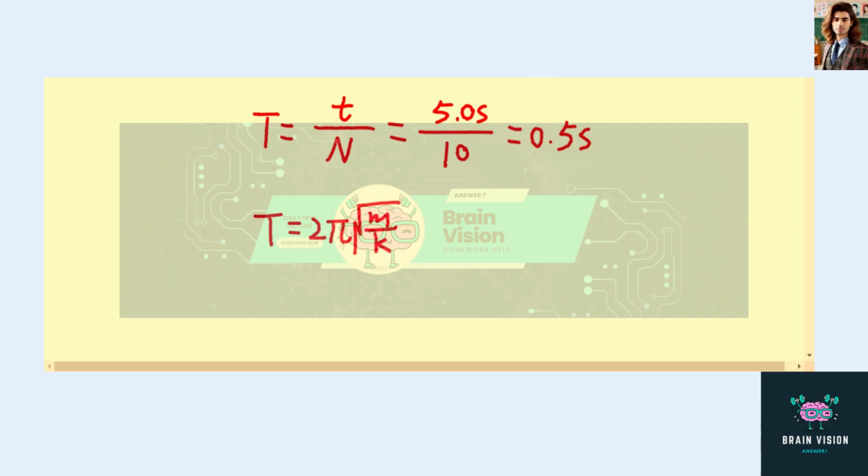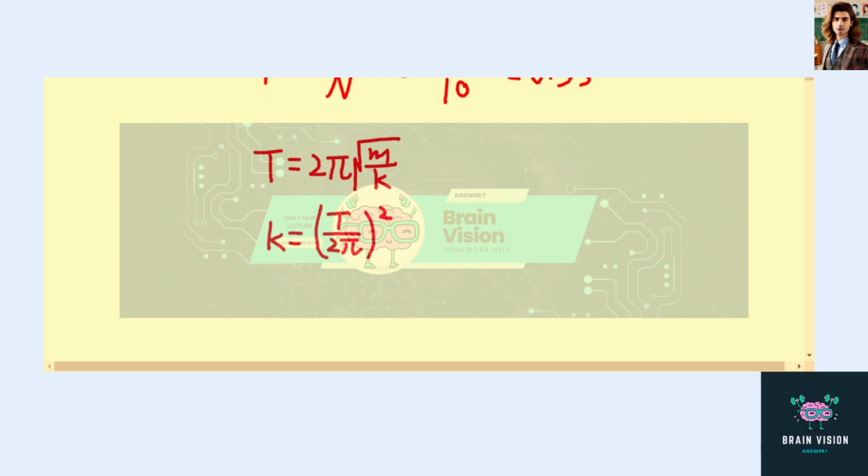So therefore the spring constant should be equal to m over (T over 2 pi) to the power 2. So it should look something like this: m over (T over 2 pi) to the power 2.